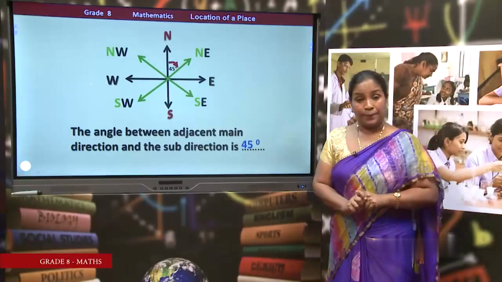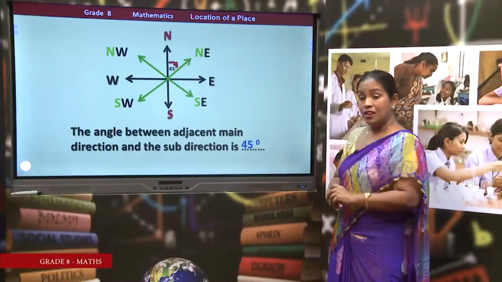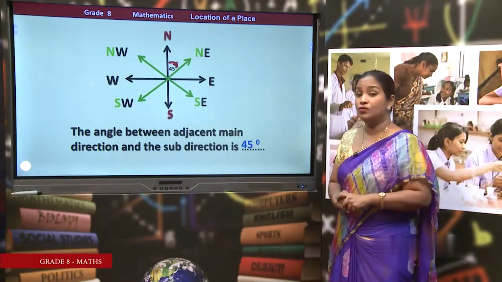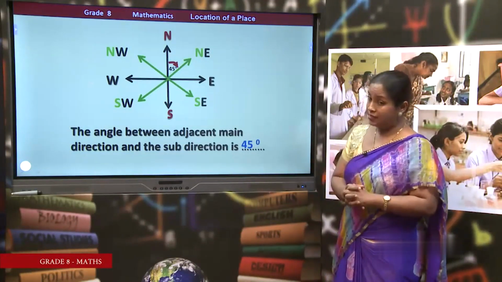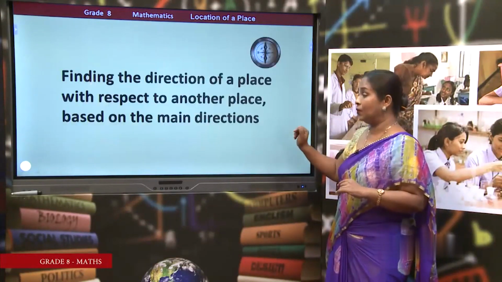Now then, I hope you are okay with the main directions, sub directions and the angles between adjacent main directions and the angle between an adjacent main direction and a sub direction. Then we have to move to the next part of this lesson. Okay.